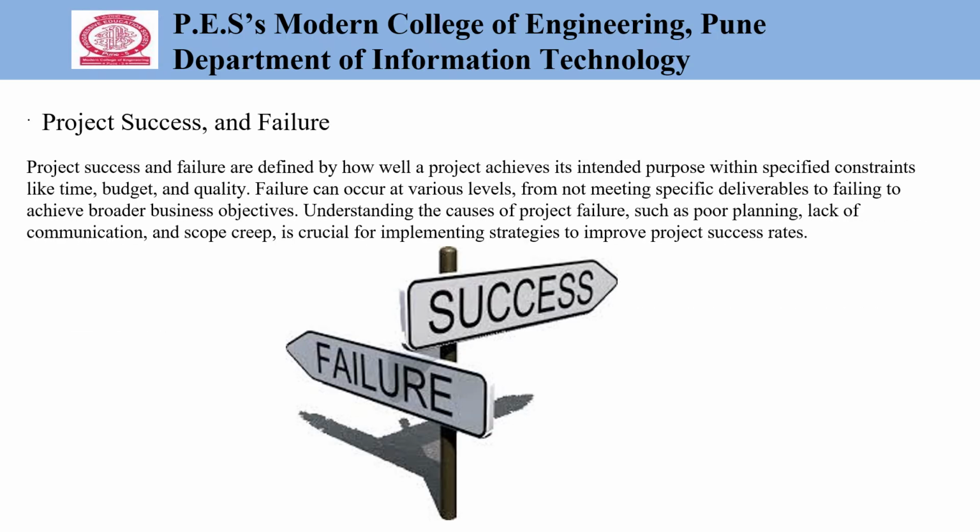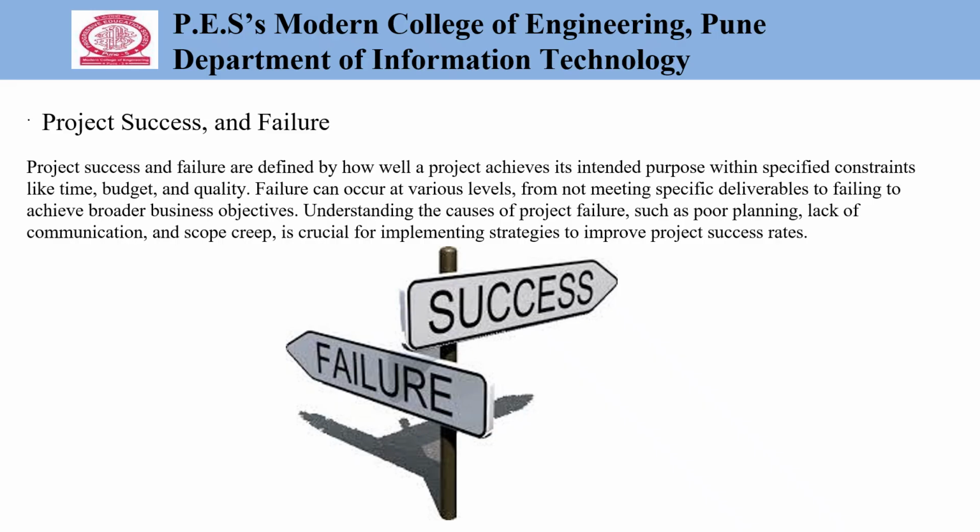Now let's see, what is project success and failure? So till now we discussed how a project is going on, what are the different risks and issues we have to face, some challenges, and the timeline. Now we'll see the last point, that is project success and failure. Project success and failure are defined by whether the project achieves its intended purpose within specified constraints like time, budget, and quality.